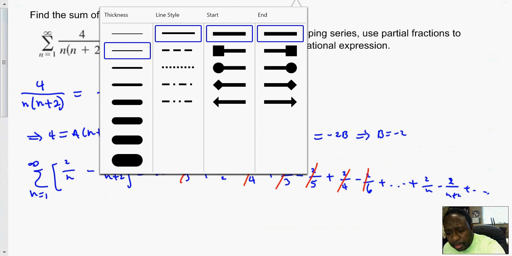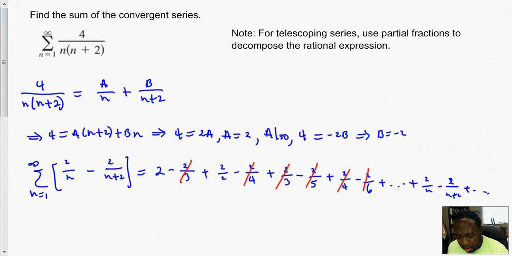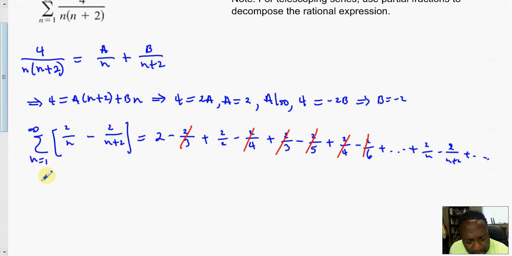So if that be the case, then we can think about this as S of n is equal to 2 plus, this is 2 over 2, which is 1, right? Then minus this last term out here. We're trying to match it up to the form, so minus this 2 over the n plus 2.